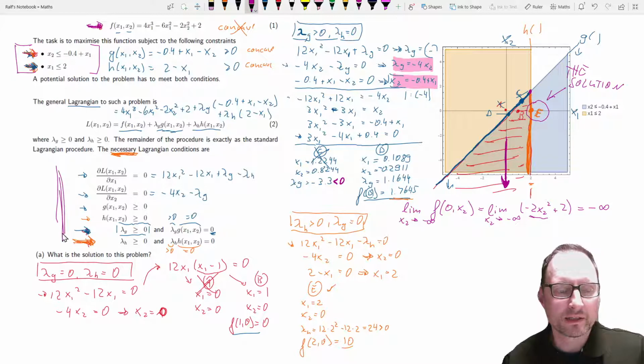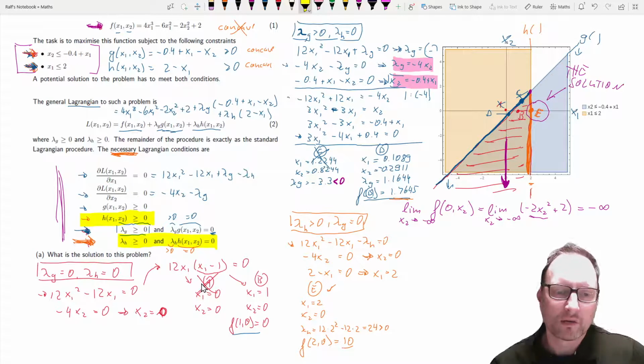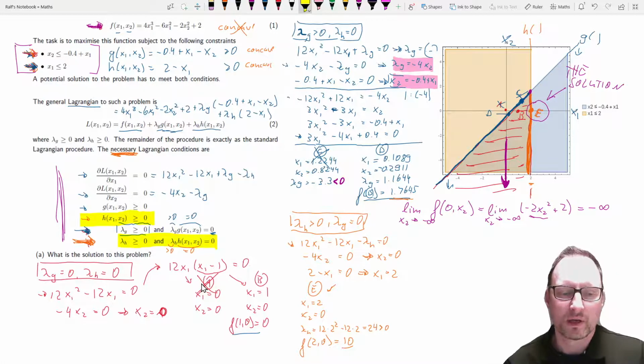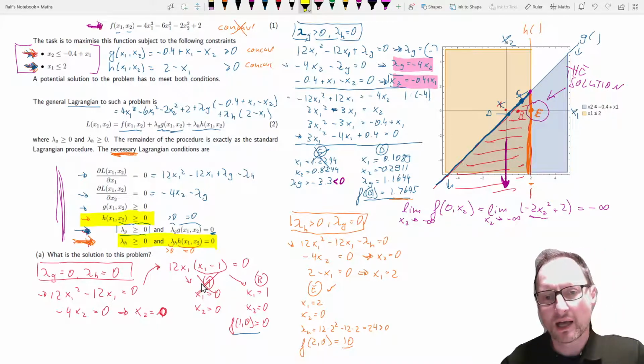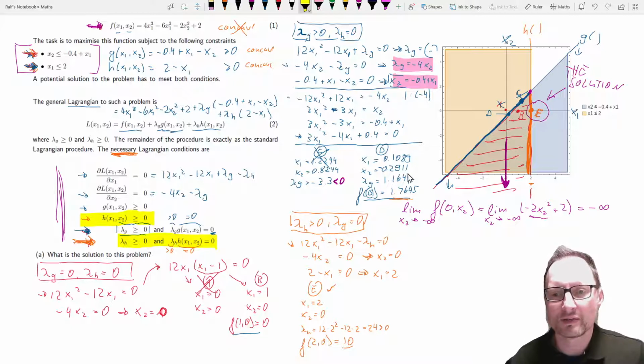We're adding conditions to our set of Lagrangian conditions. In fact, we added this one here and this complementary slackness condition, and in some sense from then onwards everything works in the same way. We're looking for points which meet all of these 6 conditions. It's just that now we're looking in more areas.